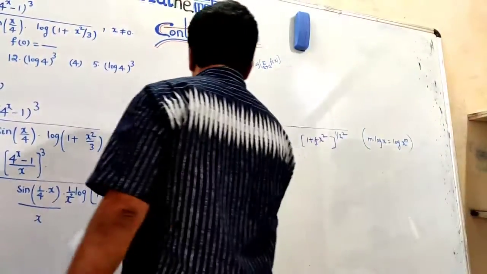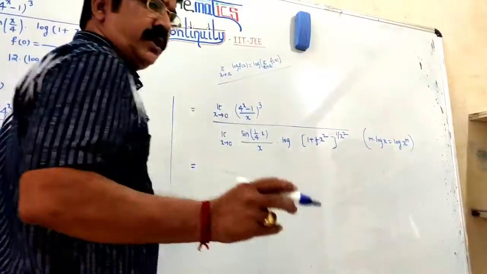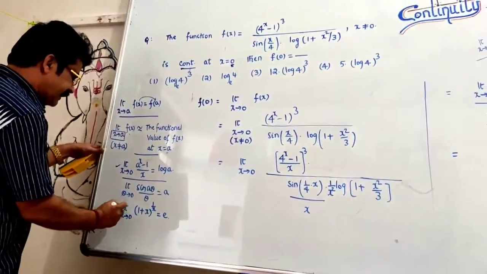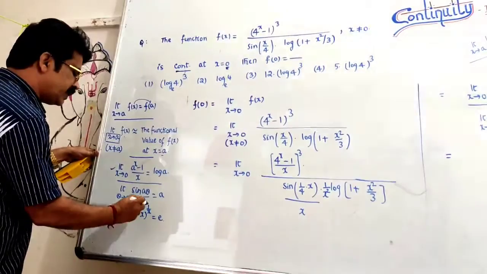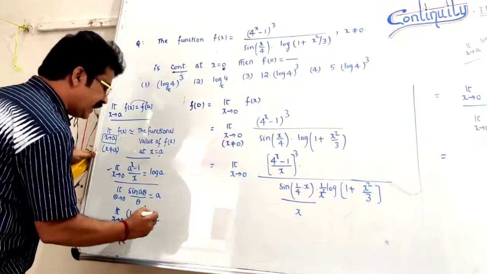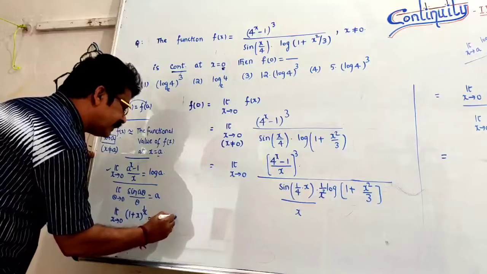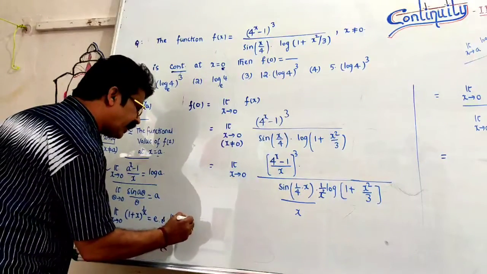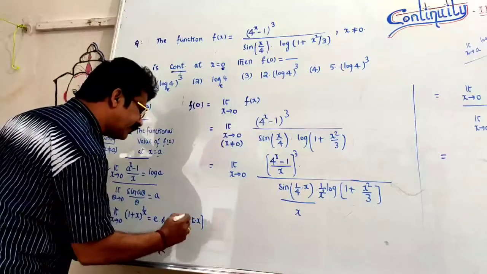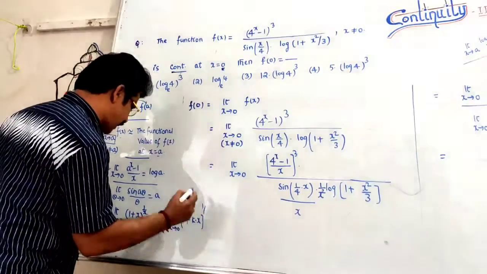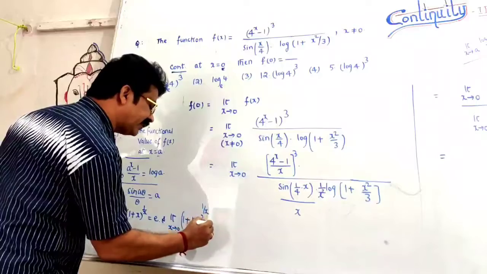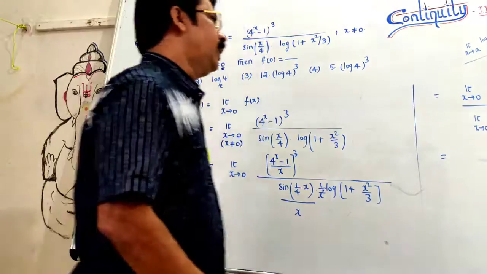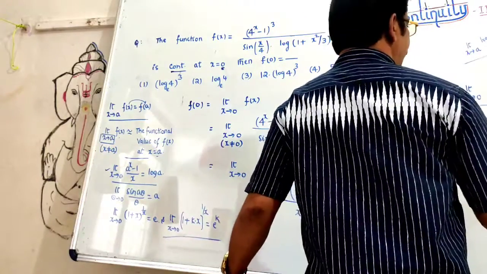And then another standard formula: limit x tends to 0, 1 plus x whole to the power of 1 by x equals e, and also limit x tends to 0, 1 plus k into x whole to the power of 1 by x is equal to e power k. So already I said some standard formula.